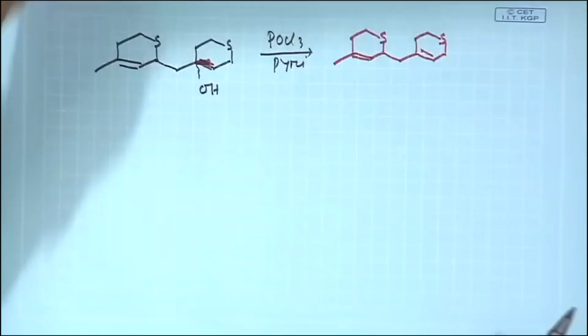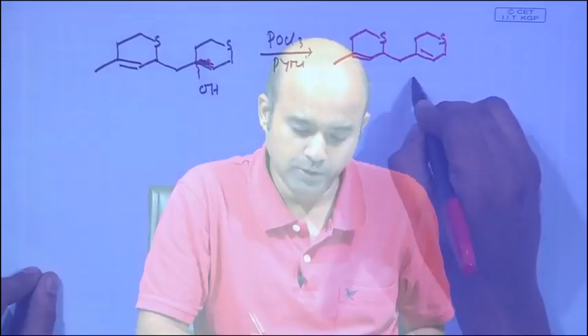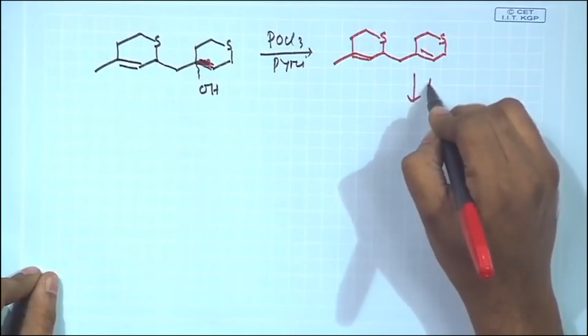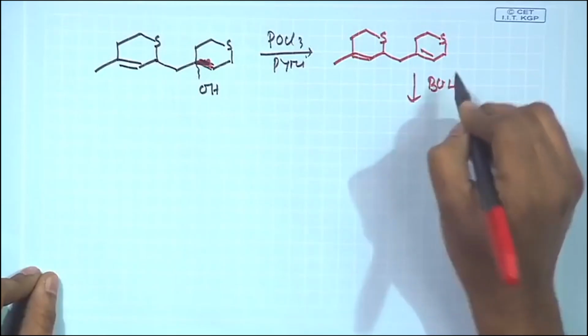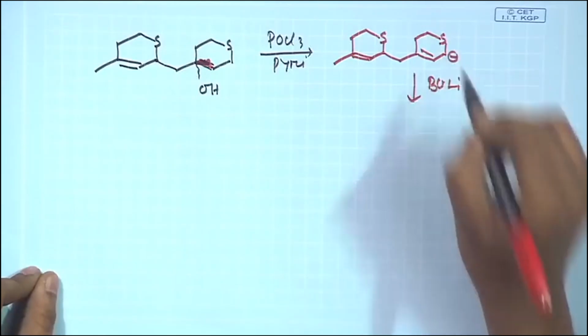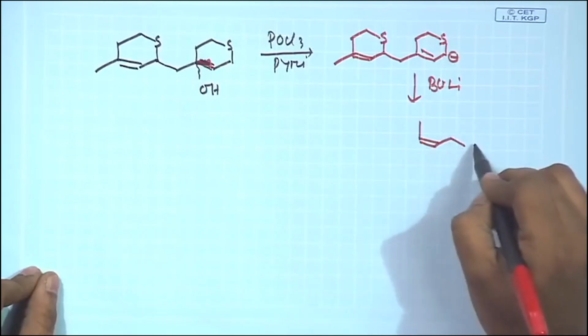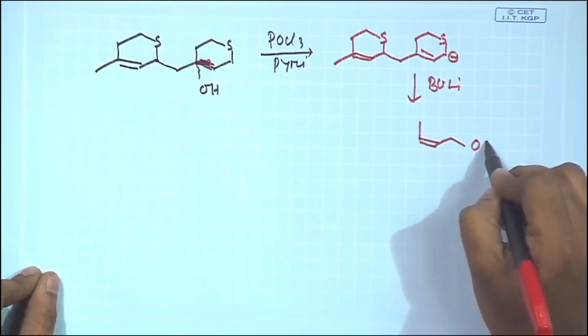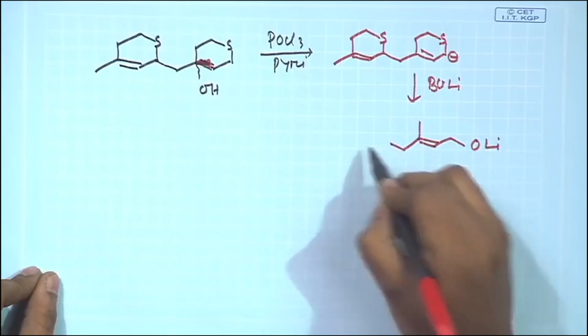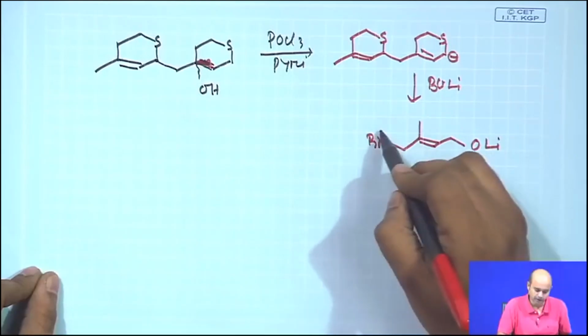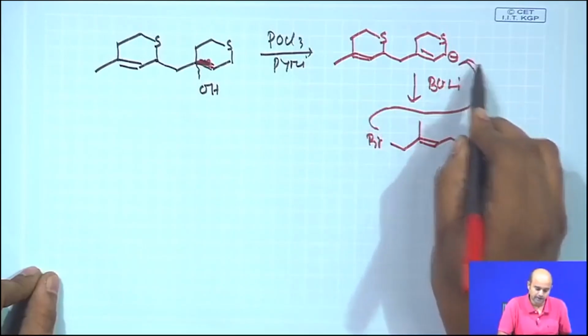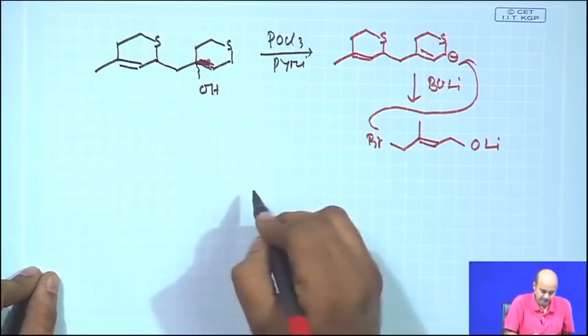Now, this compound again you can treat with base, butyl lithium, it will generate this carbanion here, and here you are reacting with this, as I said, the lithium species, and this CH2Br as an electrophile. So, this will attack here, and then what will we get?